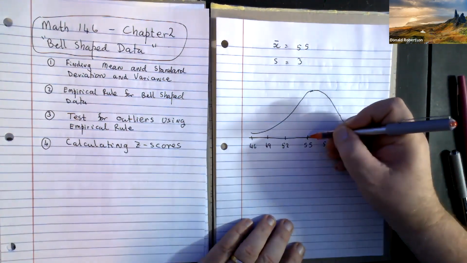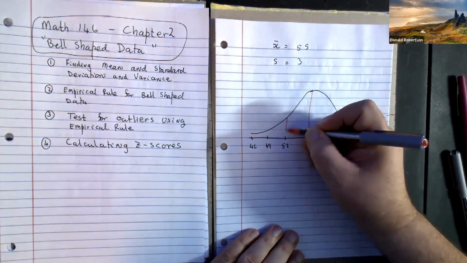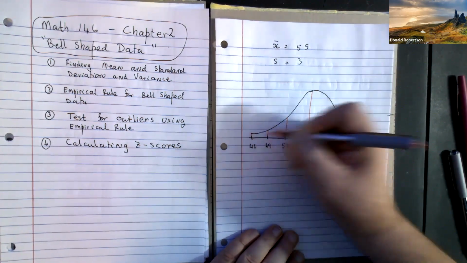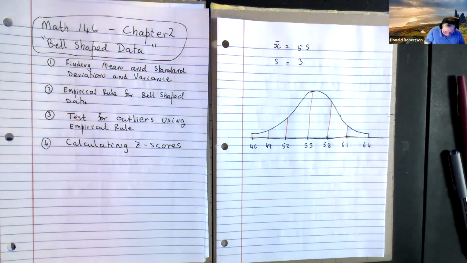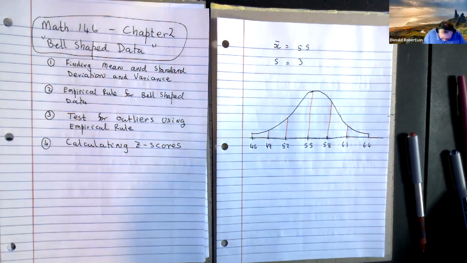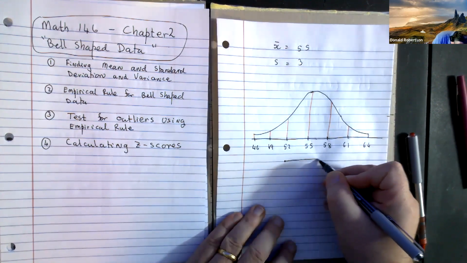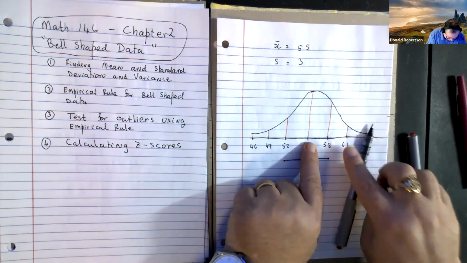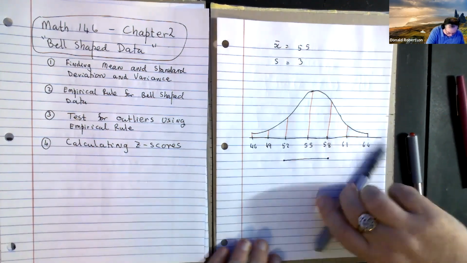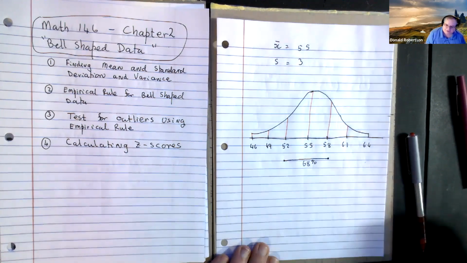Right in the middle is that guy, and I'm going to cut it up into pieces of cake, like that. This diagram's going to get messy because there's a lot to be written inside it. If you take the middle and go 1 standard deviation either side, you get 68% of the data.